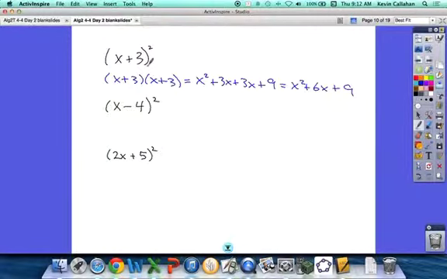That's why this trinomial right here is called a perfect square trinomial. And that becomes its own method of factoring. We have a way to factor perfect square trinomials.